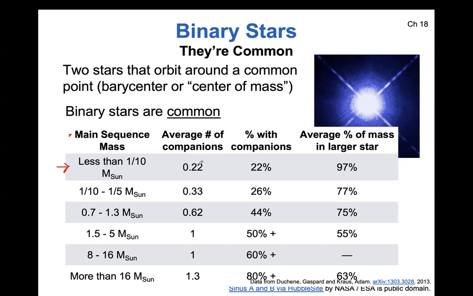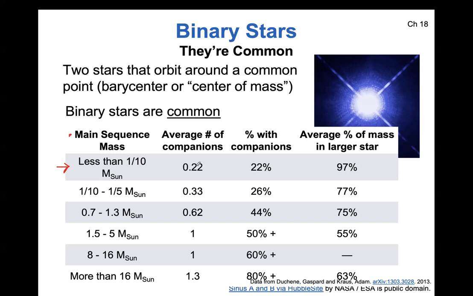About 20% of them. So here the average number of companions is 0.22. This is kind of hard to read because what does it mean to have 0.22? Well, it means that on average, one of these stars has a fifth of a companion. It's the same way we talk about the average family having 2.5 children. No one actually has 2.5 children, right? It's an average.